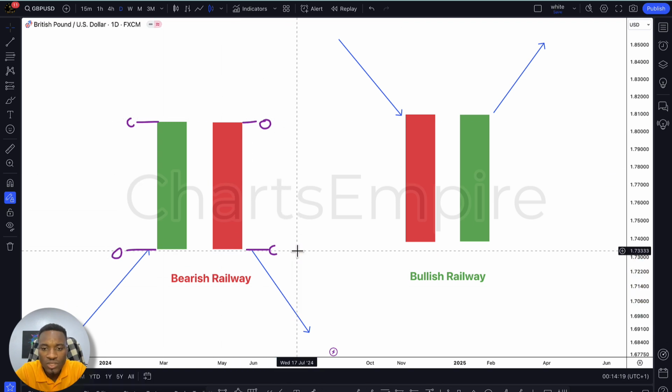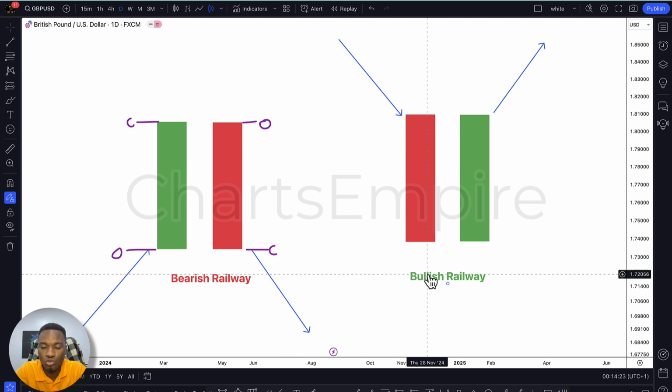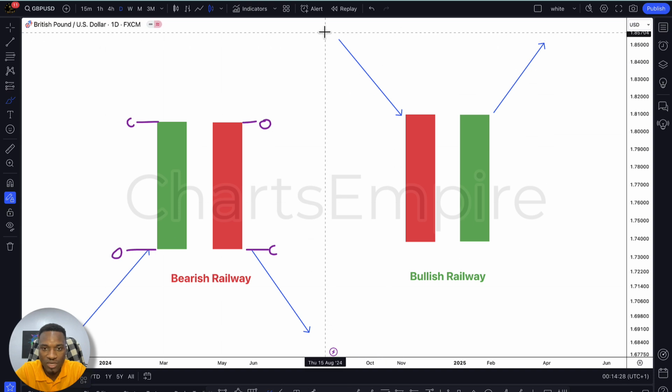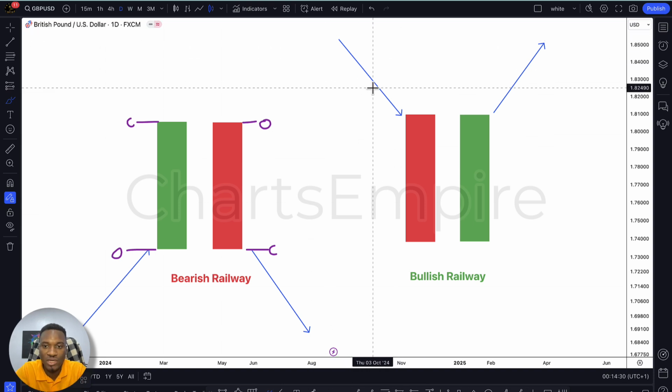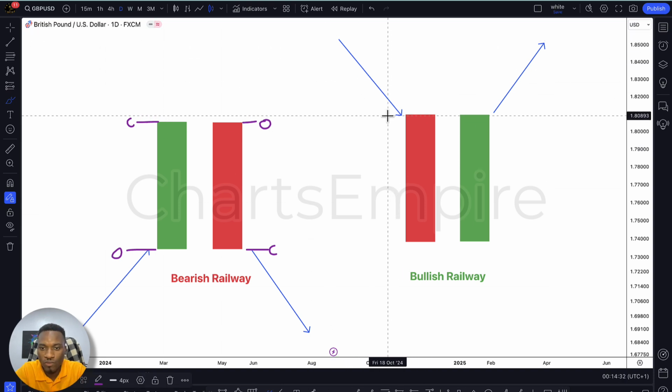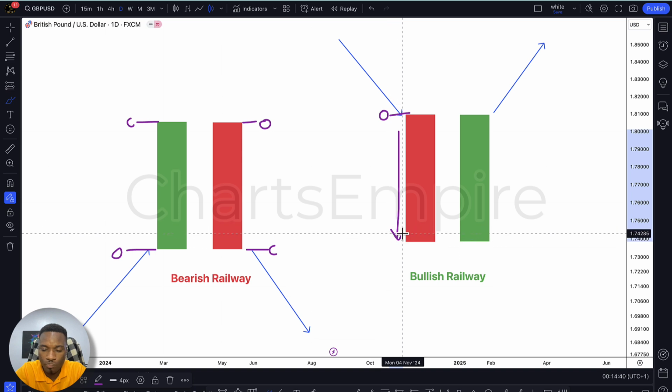Now, the opposite of the bearish railway candlestick pattern is the bullish railway. This time around, the bears push the price downwards, the sellers are pushing the price down, and then we have the open of the last bearish candlestick at the high section. The bears push the price all the way down, and then we have the close of the bearish candlestick at a lower section.